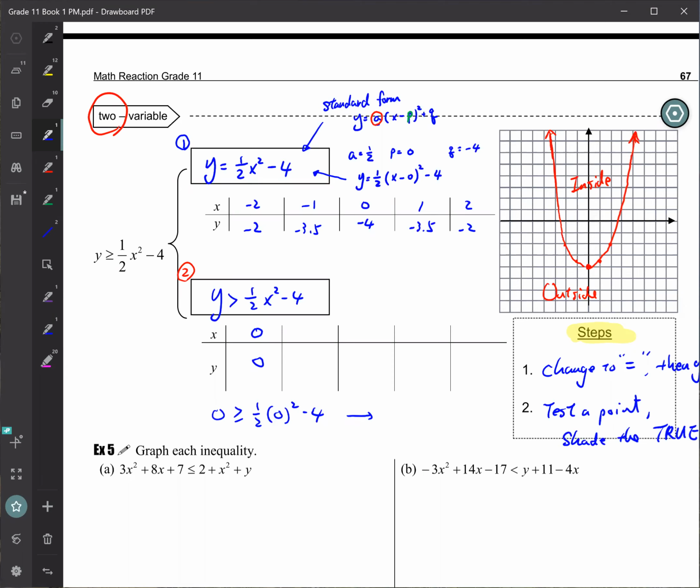True or false? It's false, but I'm not sure if it's right. I got 0 is greater than or equal to 4. Where does the 4 come from?